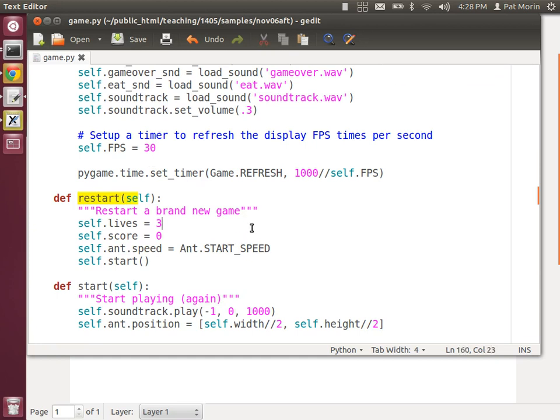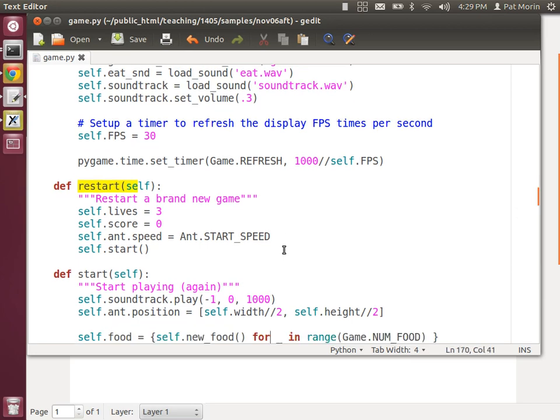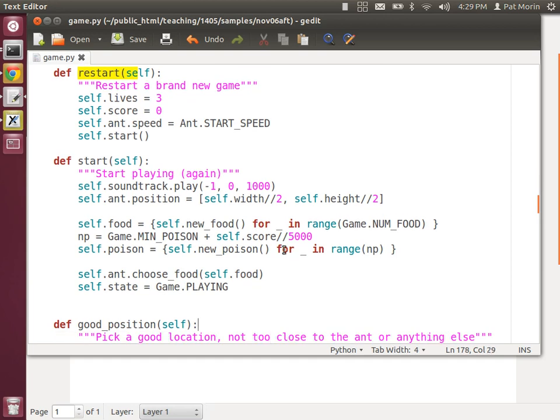From this starting state, we saw that if you click, this restart function gets called. When we restart, we set the number of lives to 3, we set the score to 0, we reset the ant's speed. That's because the ant has been getting faster and faster when the player was playing the game. Now we want to reset that to the original starting speed.